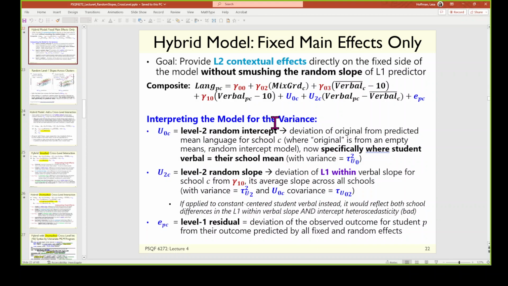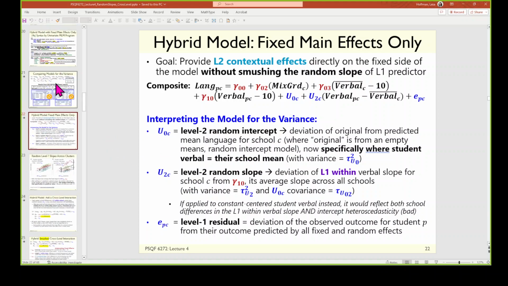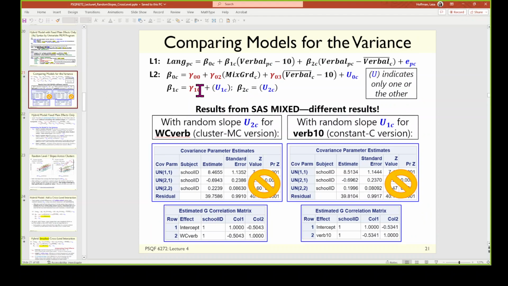Yeah, so 22 is what he's comparing against. In this model, which the non-composite version is up here, there's nothing else predicting the slope. So here's the middle of it, here's the deviation. This is the baseline against which you would compare how useful a cross-level interaction is.